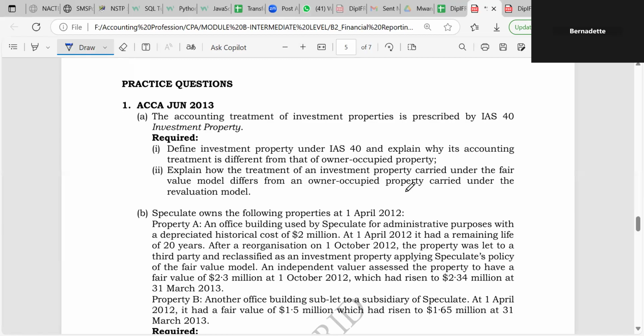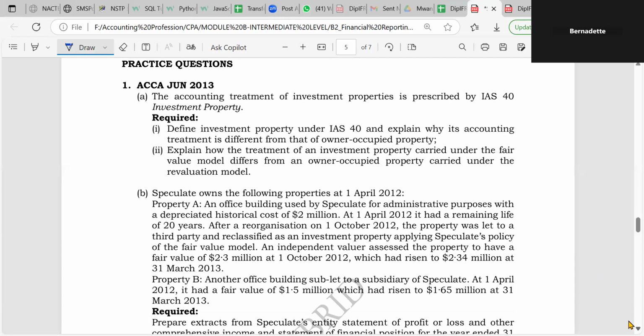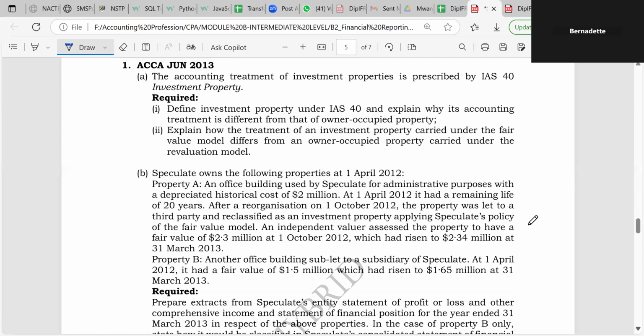So that's one of the differences. And for the owner-occupied property, the revaluation we use actually depreciation, but the investment property we don't use the depreciation. Exactly. Those are the differences between the two. That's right. That's very fine. So you should remember well on that. It seems that you are very careful. You have a real intention.